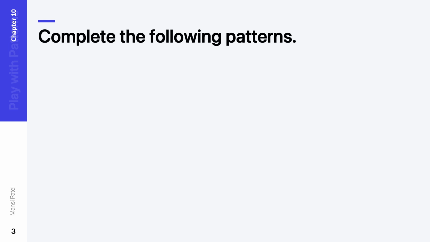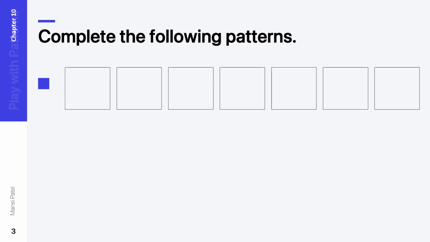Now again, complete the following patterns. In this, the first sequence is A, C, E. Your second sequence is J, I, K. Can you see anything in this? Which pattern? Here they write down A. After A comes B, so we have to skip B. After B, it comes C. After C, D, so D you have to skip.